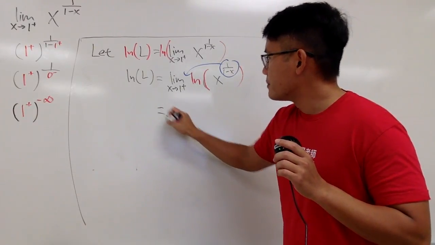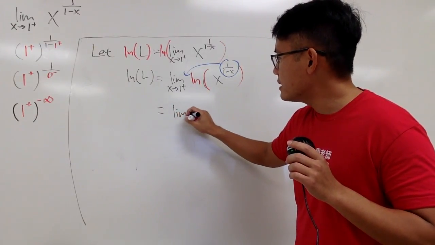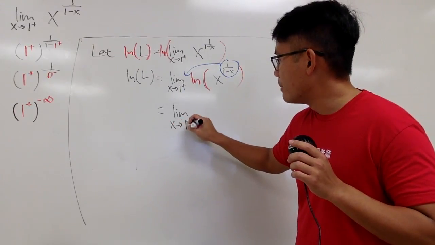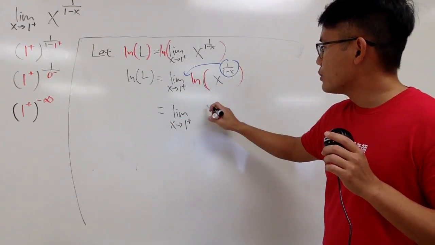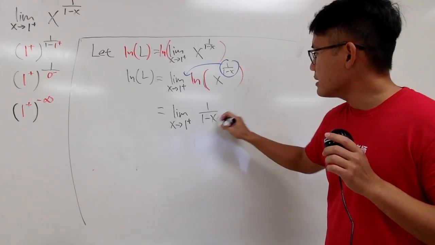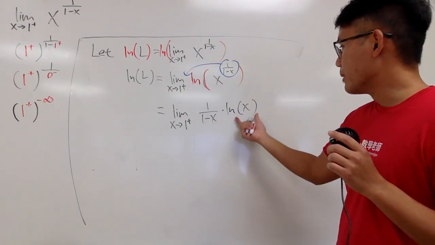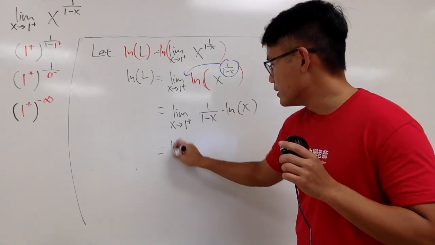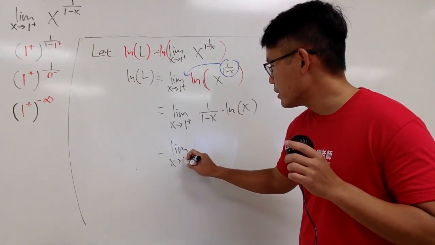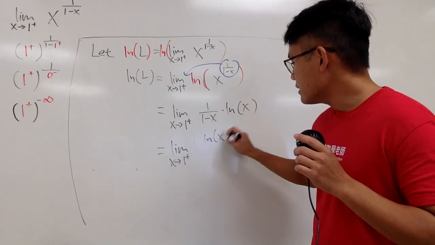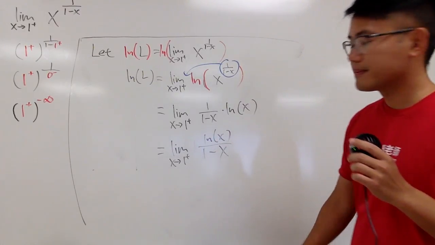So we see that we will have to take the limit as x approaching 1 plus, and I will write this down as 1 over 1 minus x times ln x now. And of course, you can put this on the top. I will just write this as the limit as x approaching 1 plus of natural log of x over 1 minus x.